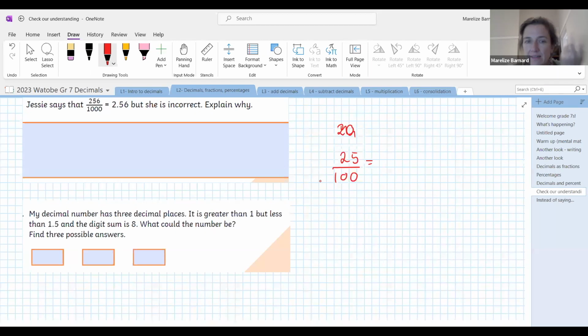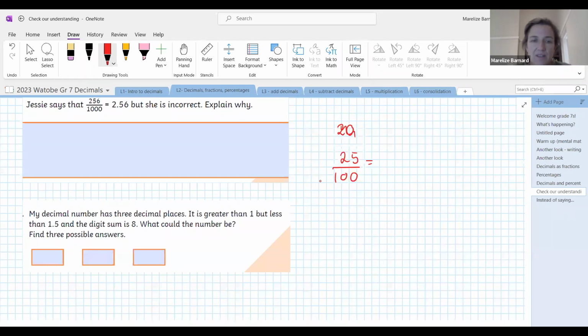Which number is that? 50. 50 can't go into 25. We look for the number that can go into 25 and into 100. So what numbers can you think of that can go into 25? 15. No, 15 can't divide into 25.